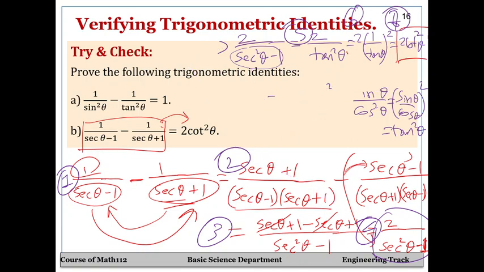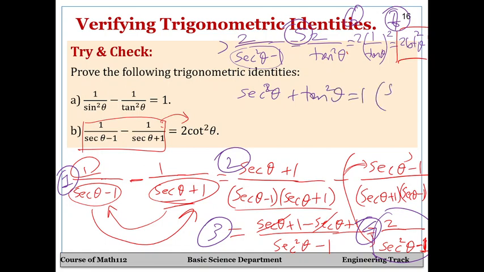But here, instead of using this cosine, you can also use this identity. Do you remember such an identity? Second Pythagorean identity. It was given in the first slide.